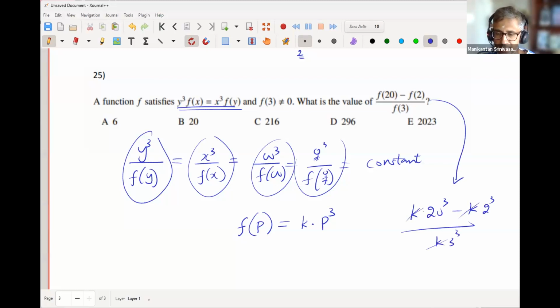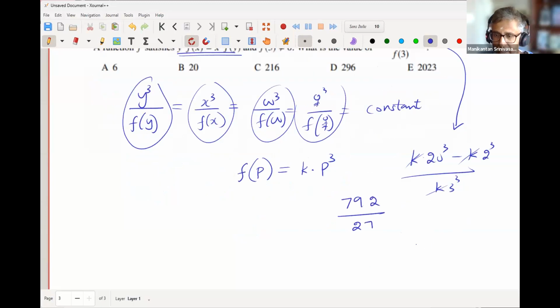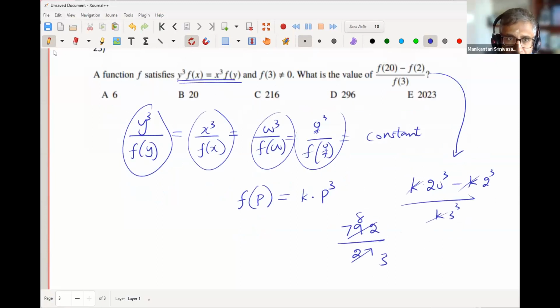So 20 cubed is 8,000. 7992 upon 27. Okay, so hopefully that will divide. So 9 goes 8 times 72. 888 by 3.